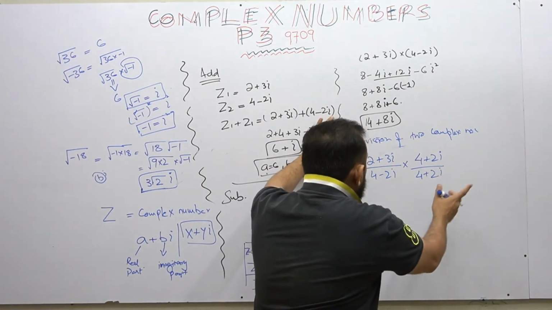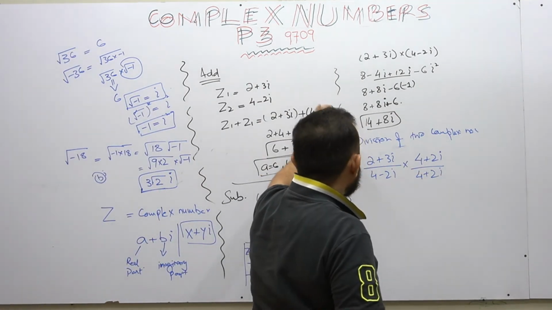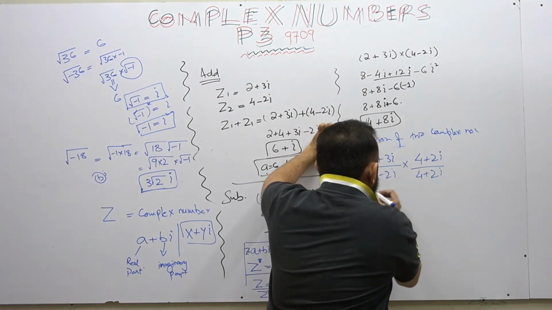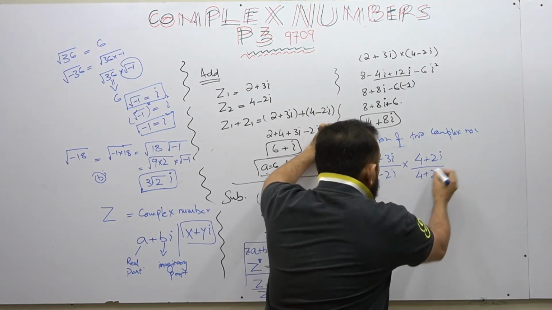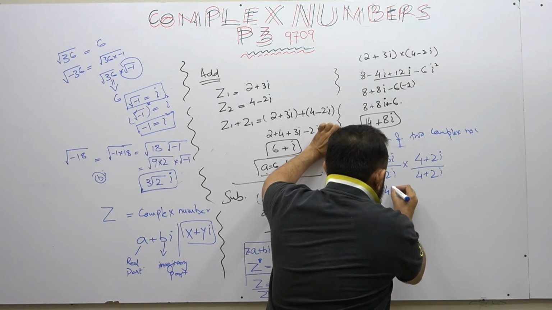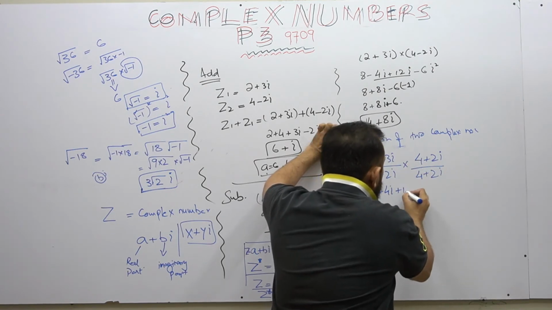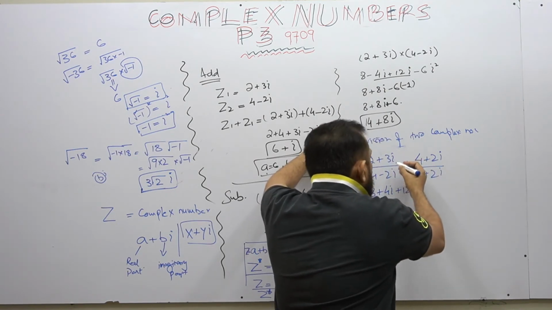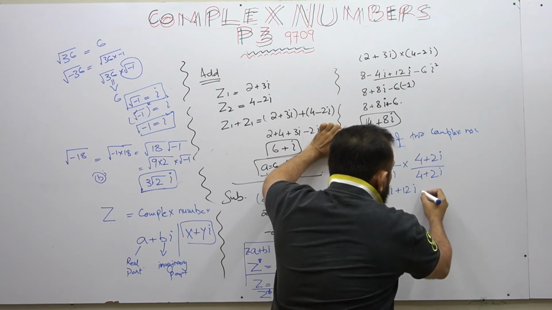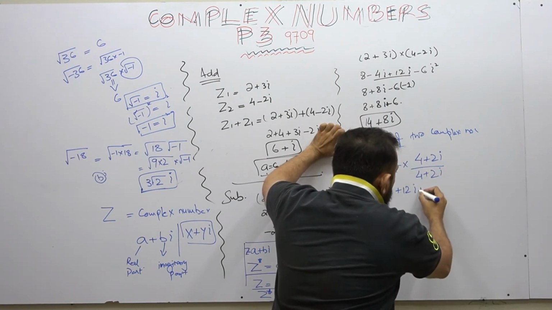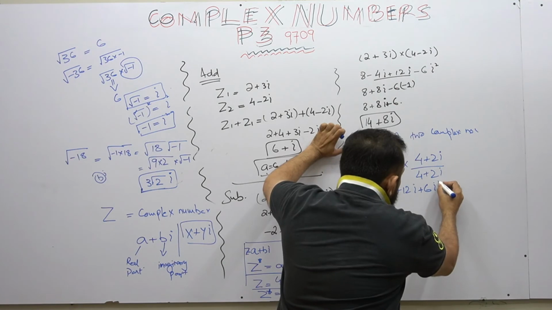So now a simple multiplication will happen here. 4 times 2 is 8, and 2 times 2 is 4i, and 3 times 4 is 12i, and then 3i times 2i is 6i square.